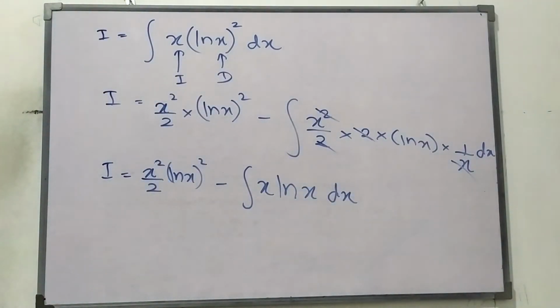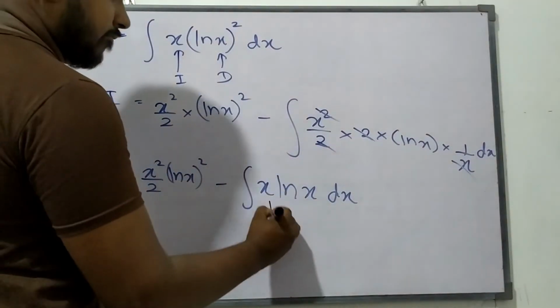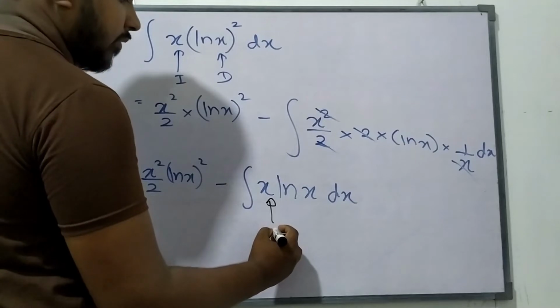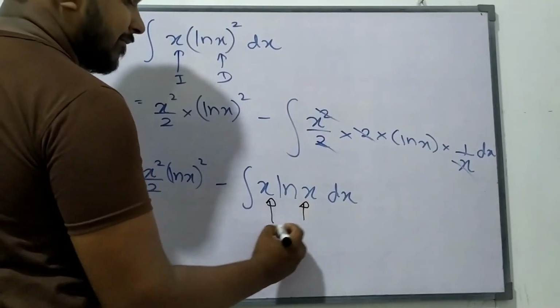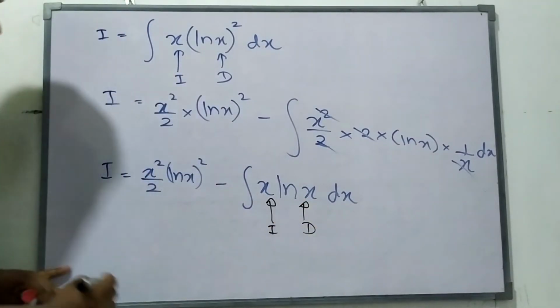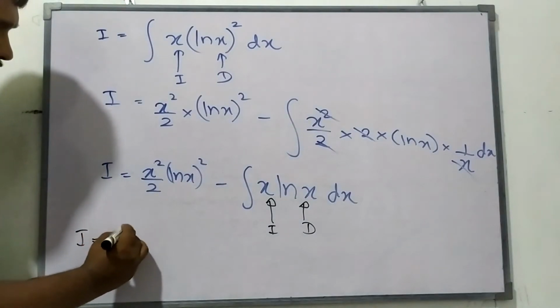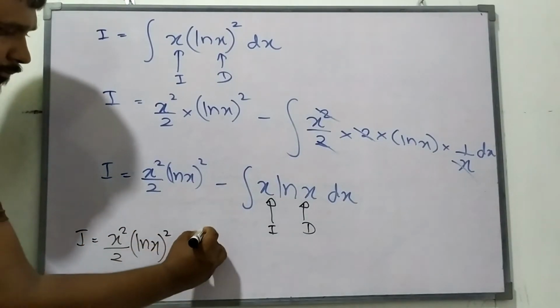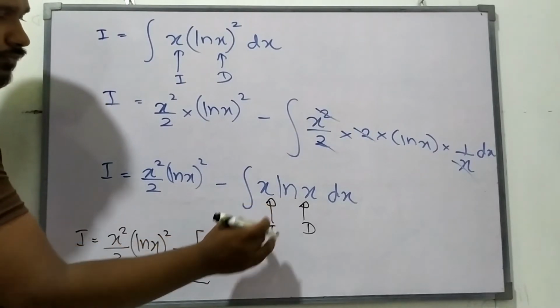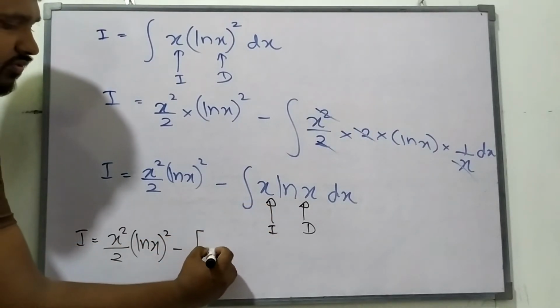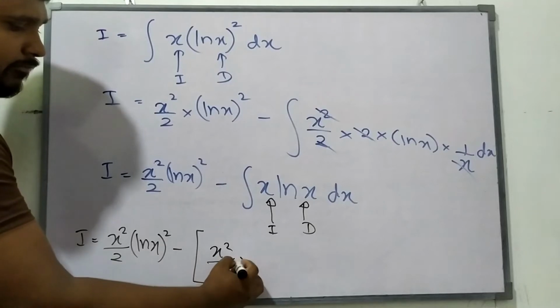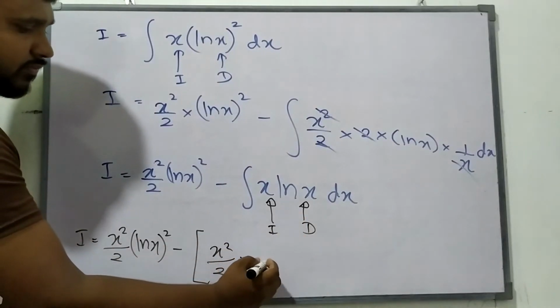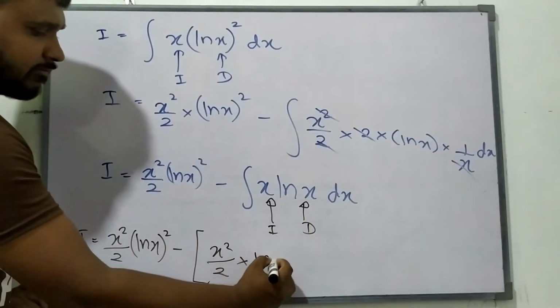So x ln x, right? Therefore, this is again integration and differentiation. x squared over 2 is the integration value, and ln x the differentiation function.